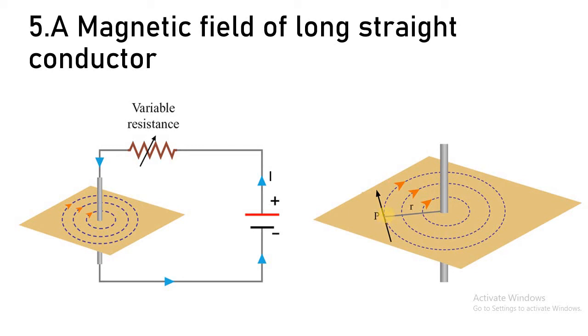The distance between point P and the conductor is nothing but the radius of that particular circle. And that radius of the circle is shown by small r. Now tell me, what will be the circumference of that outermost circle? 2 pi r.